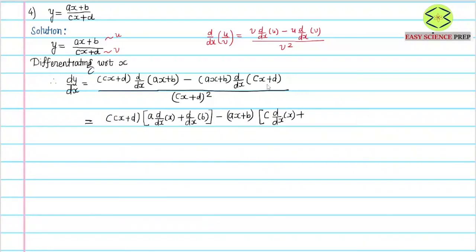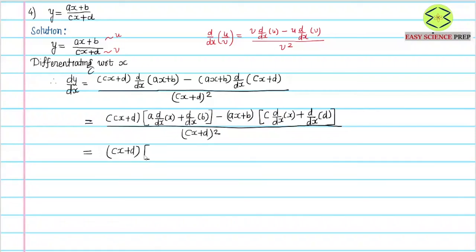Now d is a single term, so we have to apply the derivative to d also. If it comes along with a variable term, we can apply the derivative to the variable term, but it is alone, so it is the derivative of d. And the denominator has no change: cx plus d, the whole square, stays as it is. There is no differentiation to it.